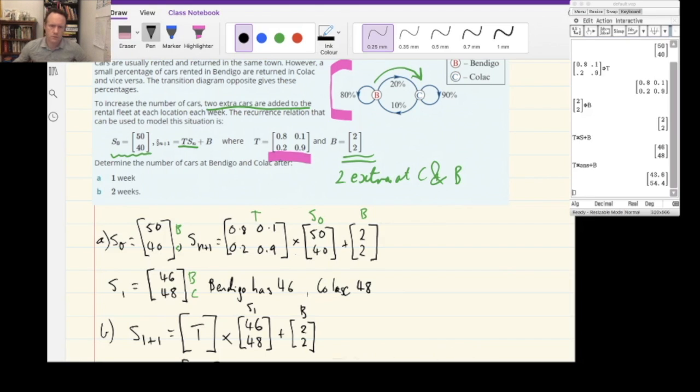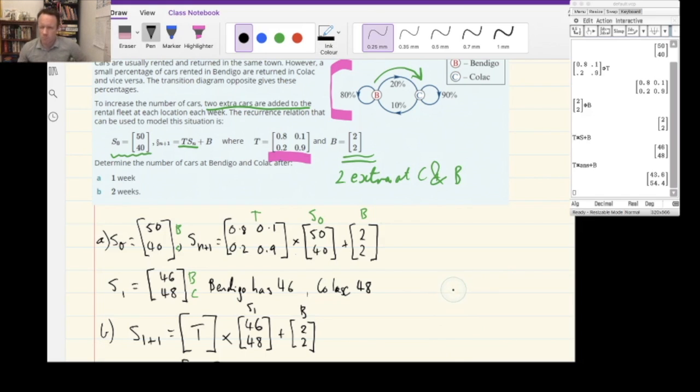Now we might want to do our checks here. In total we added 4 cars here and 4 cars there, so that's 8 more all up on the total that was 90, so hopefully this adds to 98. 50 and 40 is 90, 4 and 4 is 8, so we get 98 cars all up.